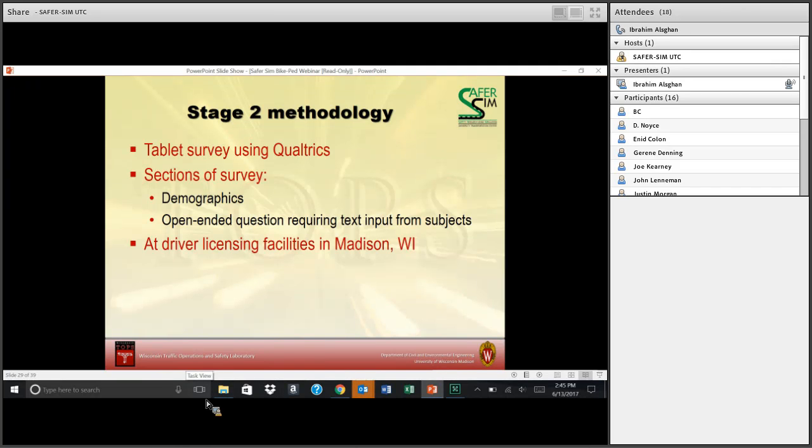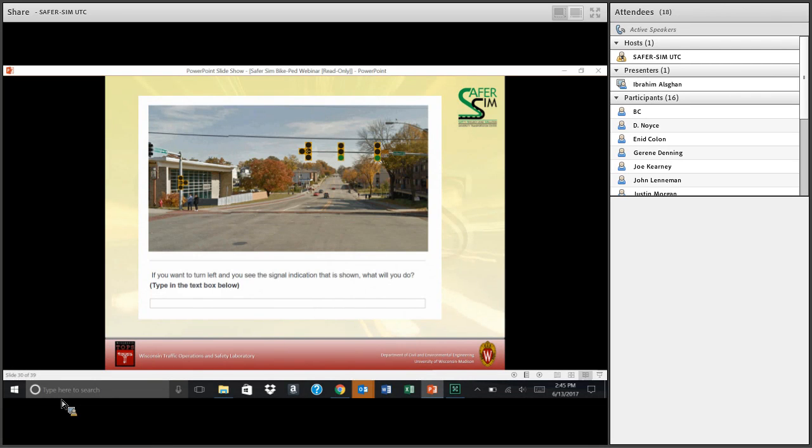Again, the survey has 2 sections: a demographic section and an open-ended question requiring text input from the subject. It was the same, we did it at driver license facilities in Madison, Wisconsin. If you go next, as you can see here, this was the question.